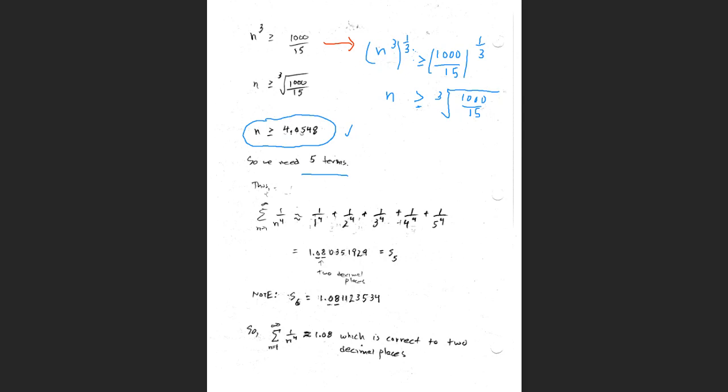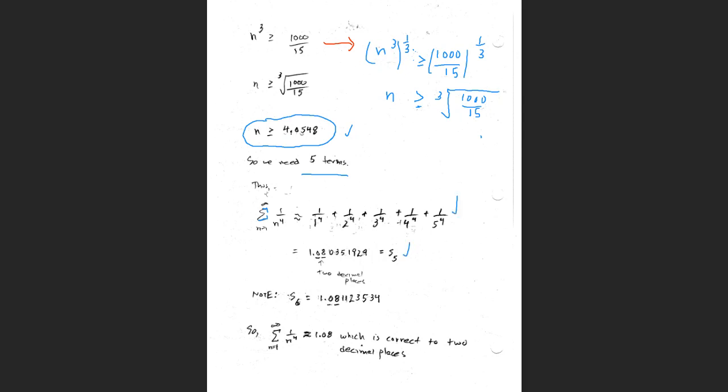So, okay, we need 5 terms. And what I do now is, okay, here's my series. I'm going to write down the first 5 terms of the series and add them.